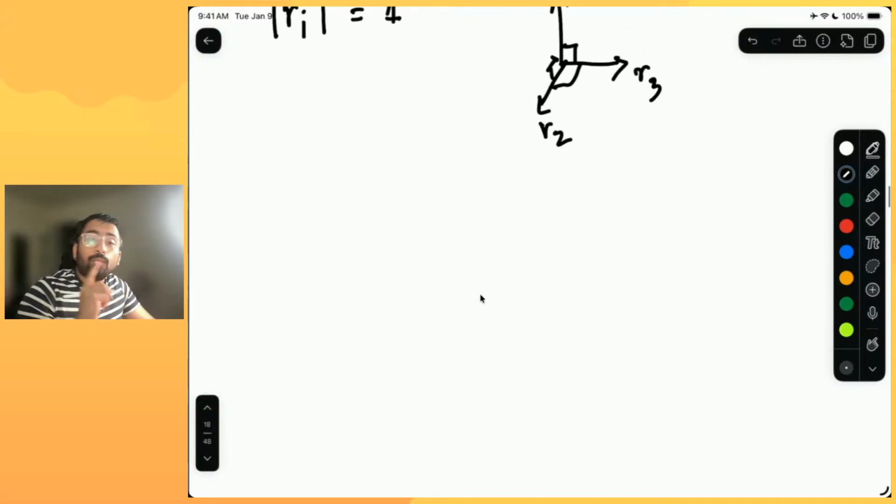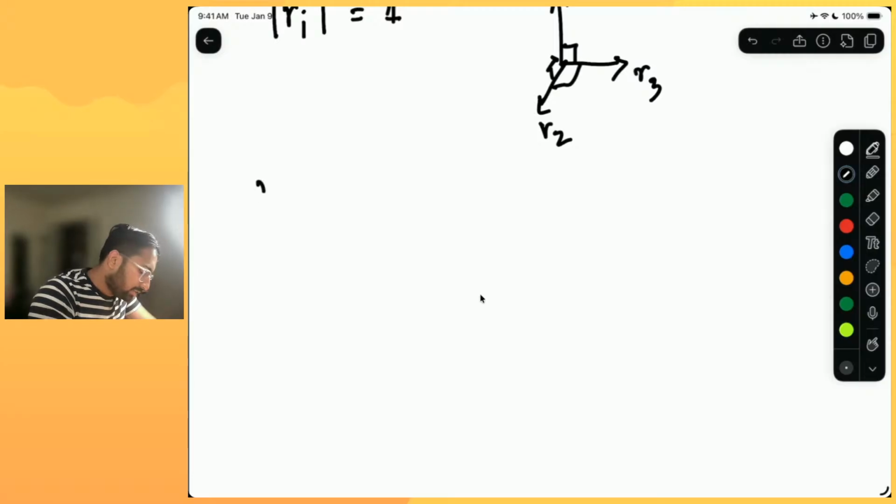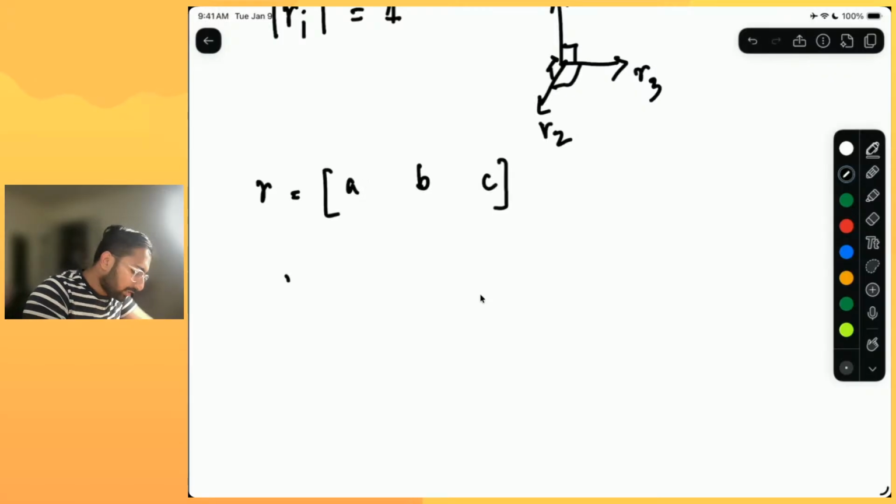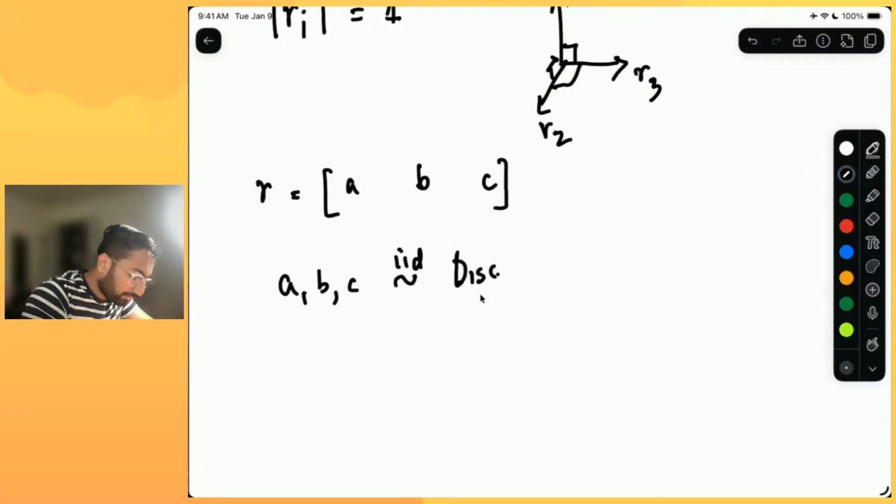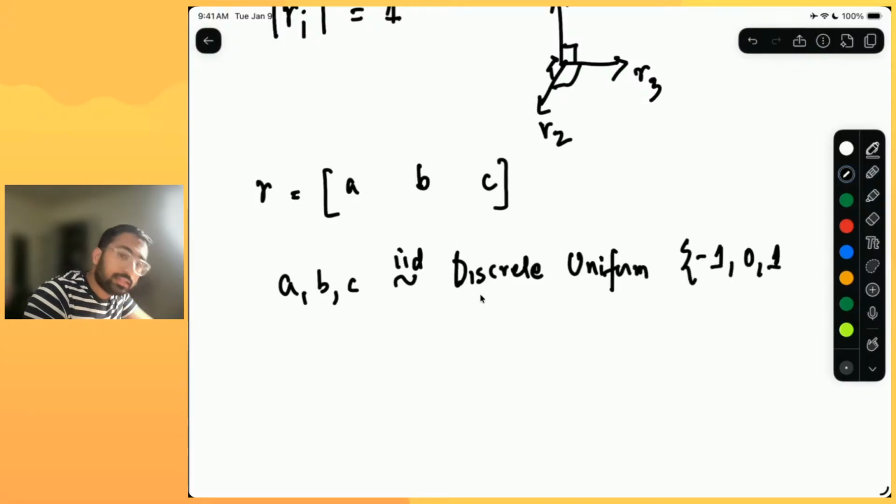Now one important constraint that we have here is, let's understand how these rows are written. Let's take an example where each row is a, b, c, and each of the a, b, c are IID discrete uniform -1, 0, and 1.